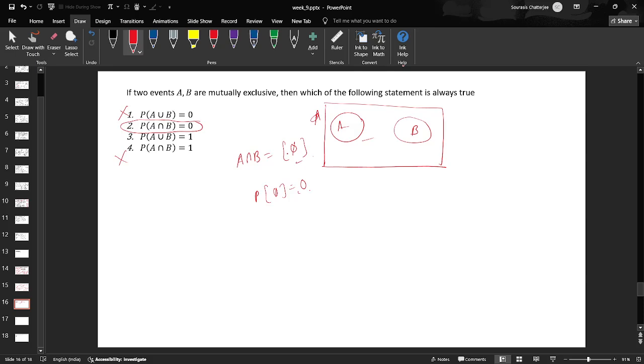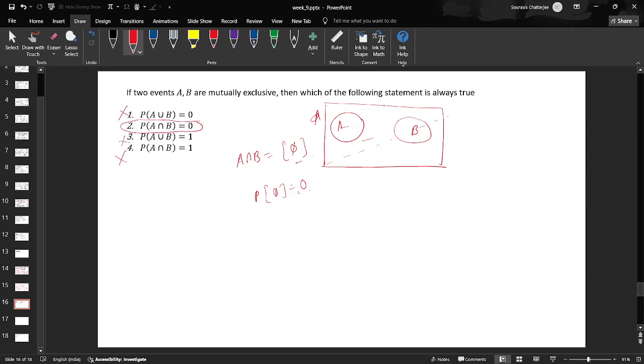So this can or cannot be true. It really depends. For example, if I draw this diagonal line, with this part A and this part B, then it will be fine. But it is not guaranteed, so you cannot say that from this information.